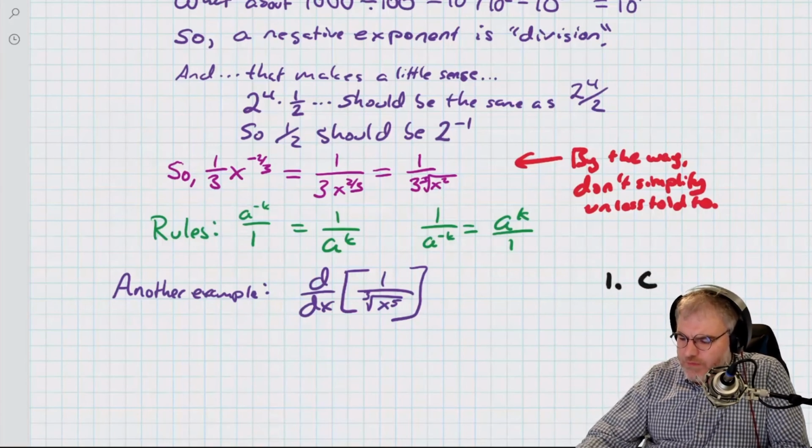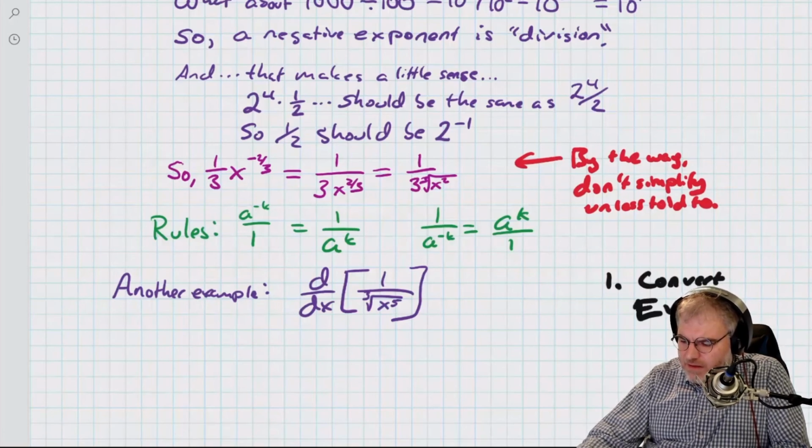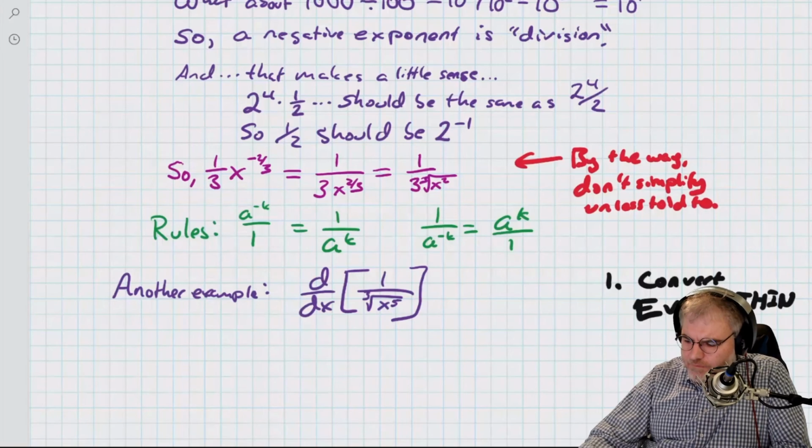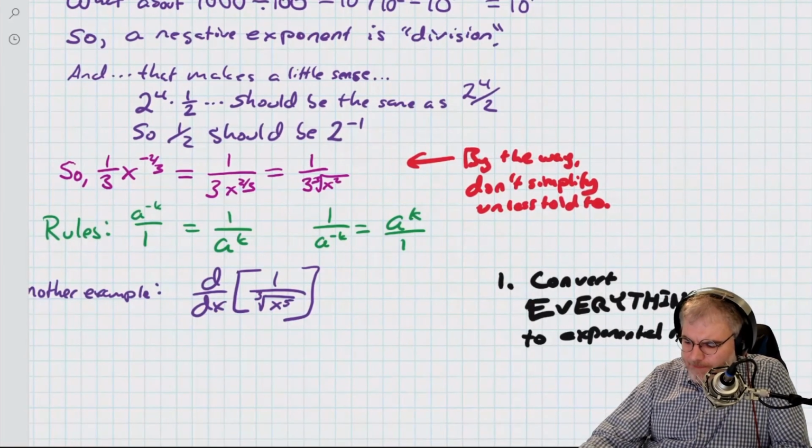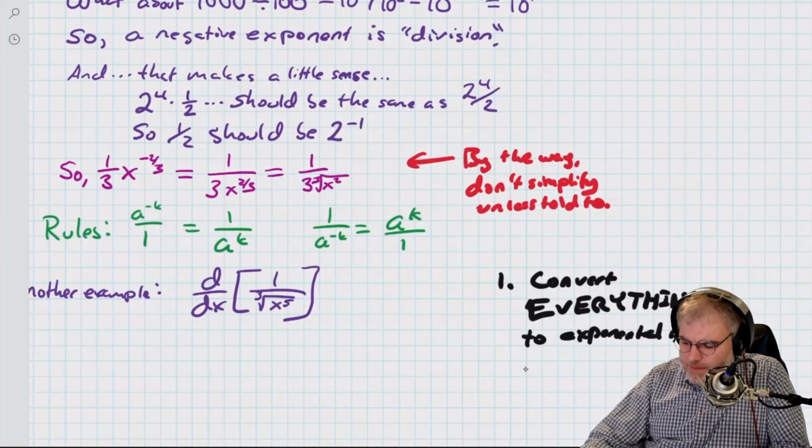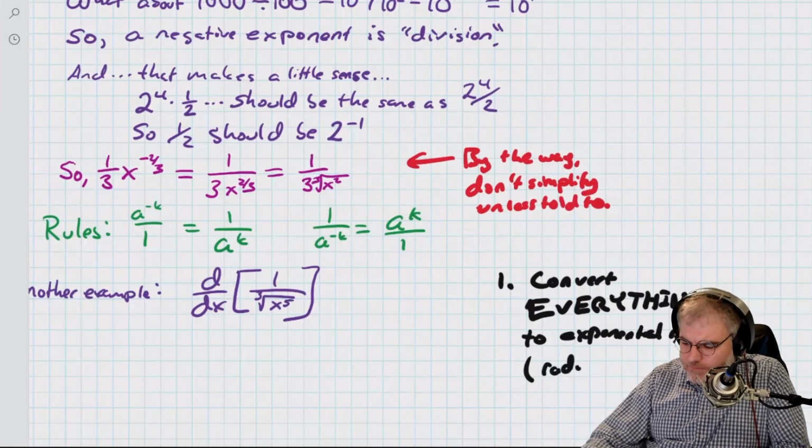First, convert everything to exponential notation. Radicals first, then fractions.